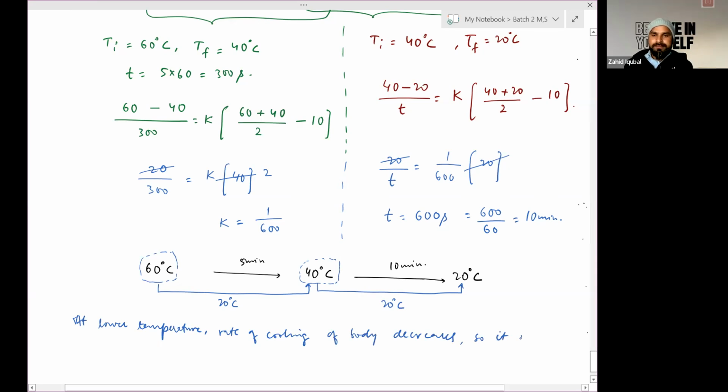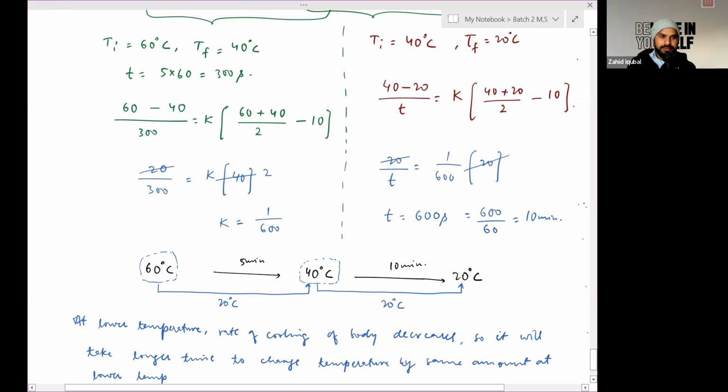So it will take longer time to change temperature by the same amount at lower temperature as compared to higher.